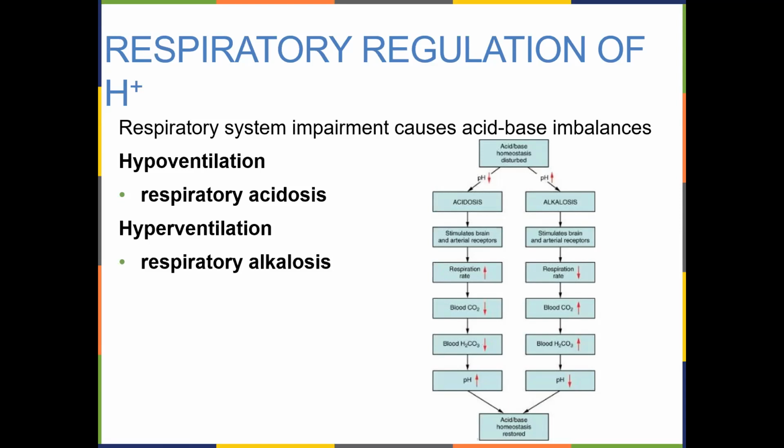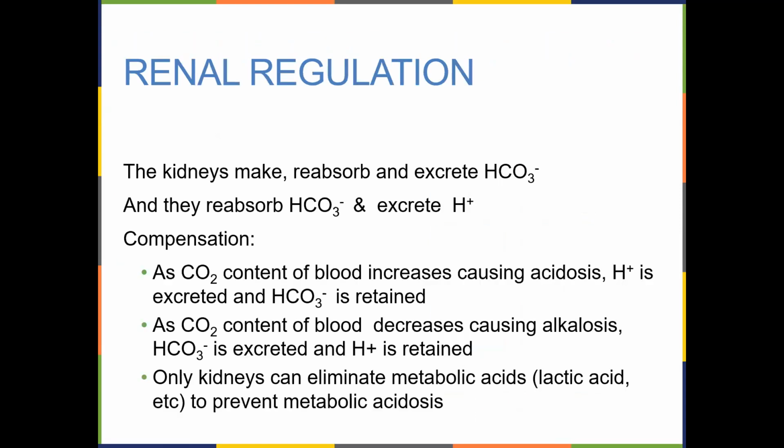In respiratory acidosis, you're breathing too slow, you retain the CO2. In respiratory alkalosis, you're breathing too fast and you blow off the CO2. Hypoventilation versus hyperventilation. It's all about, what are you doing to your CO2? Are you retaining it or are you blowing it off? We don't like either one.